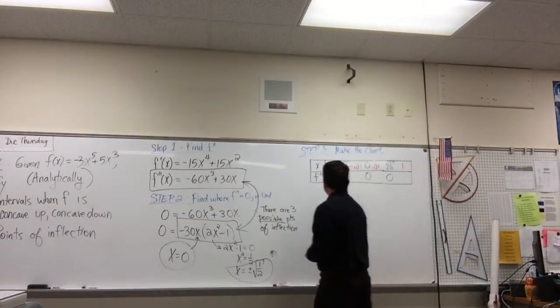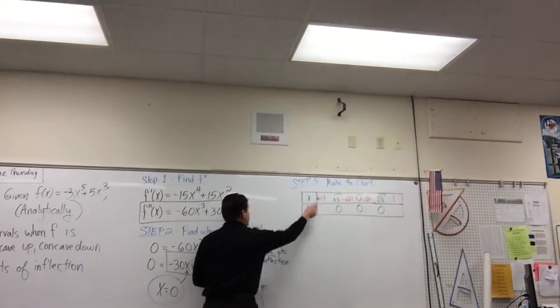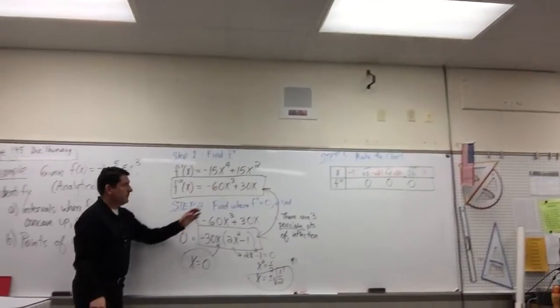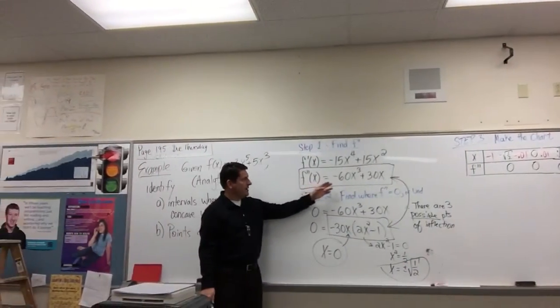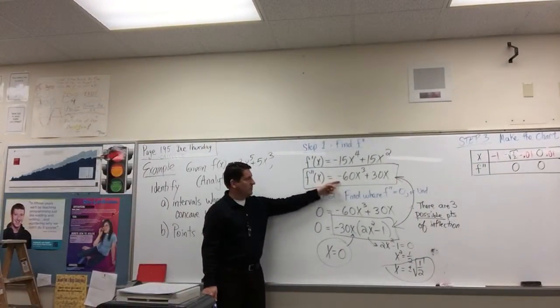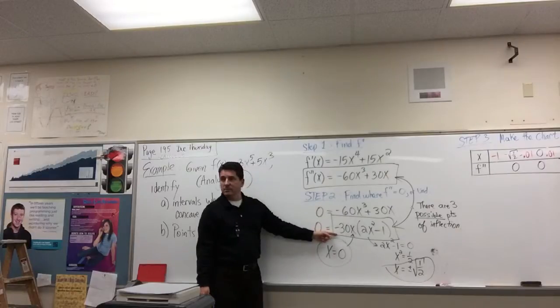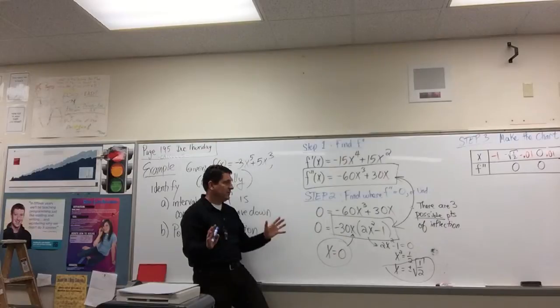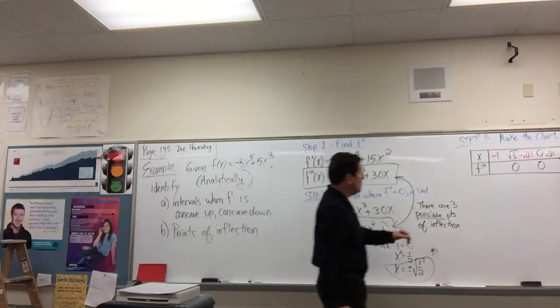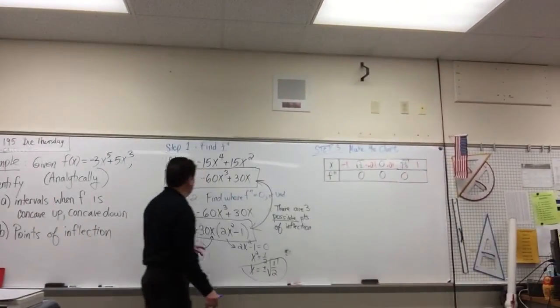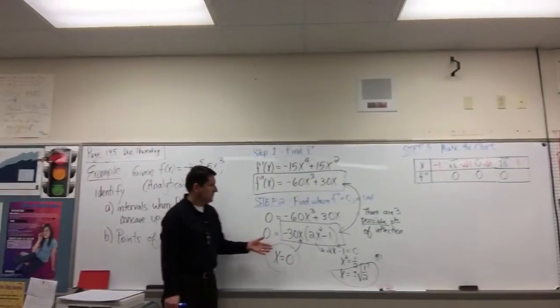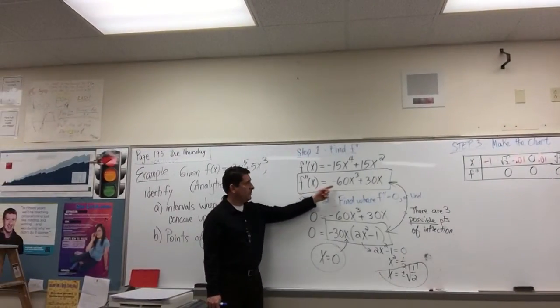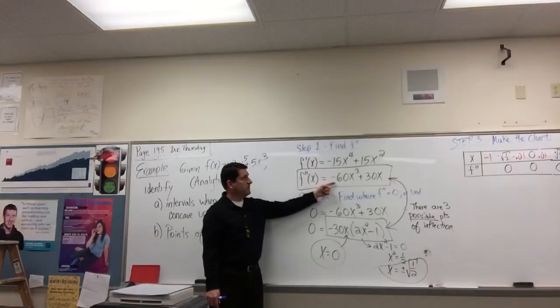Okay, now we're going to take each of these x values and we're going to plug them into the second derivative. But I don't really want to use this one. I want to use this one. Okay, factored form might help out a little bit better. We'll see. Okay, if you plug a negative 1 in for x, what do you get for an answer?